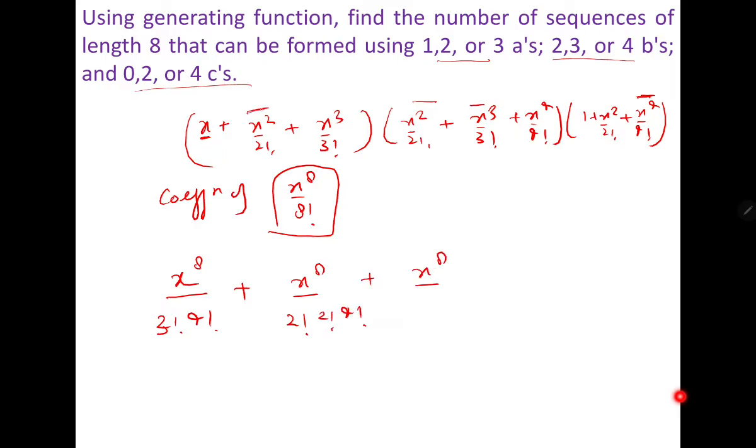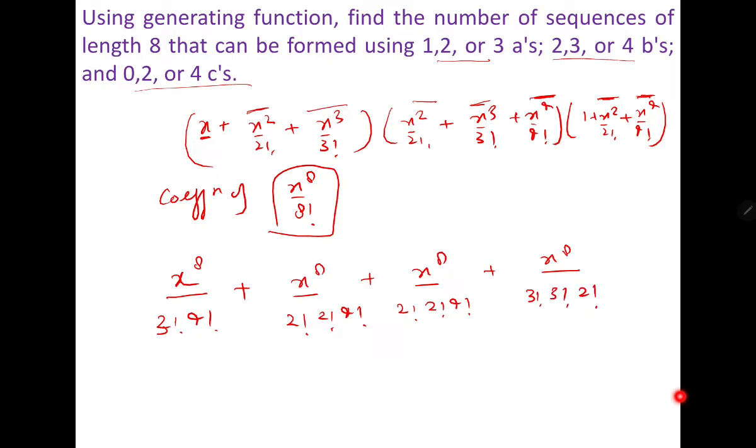I can also pick x square from here, x raised to the power 4 from here, and x square from here. So again I will get 2 factorial, 2 factorial, 4 factorial. I can pick x cube and x square, so 3 factorial, 3 factorial, 2 factorial.